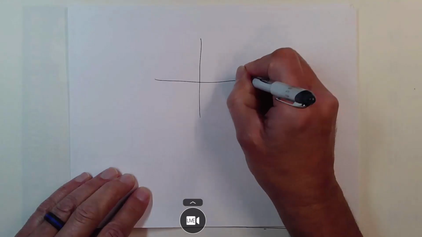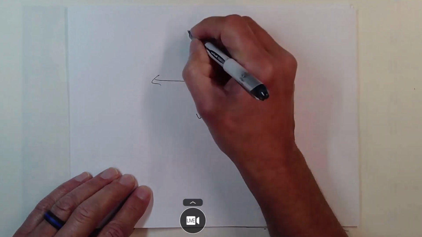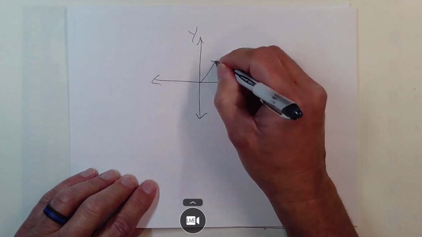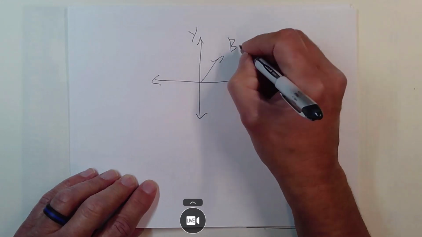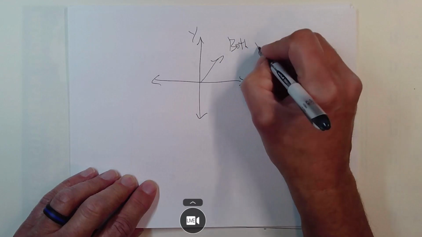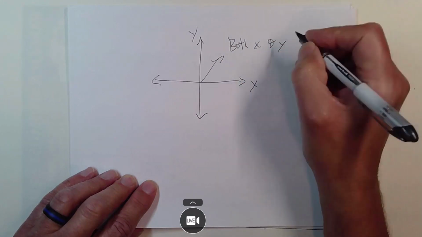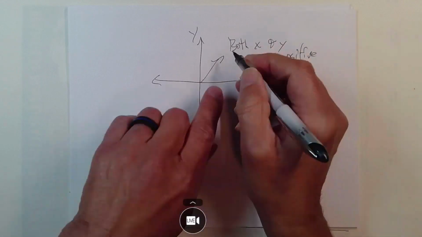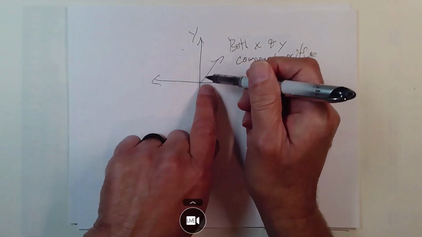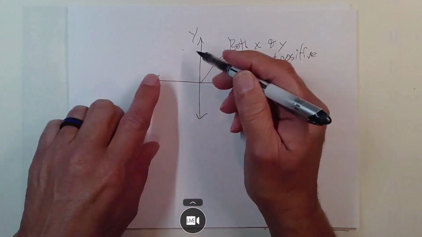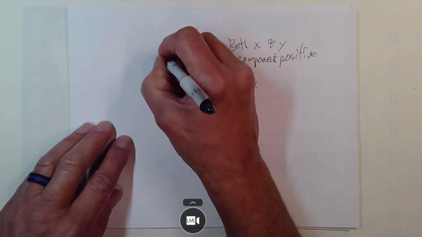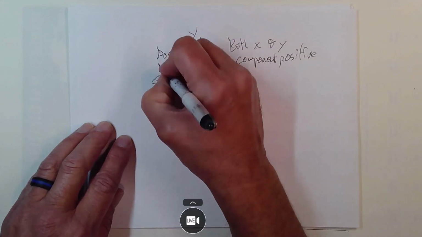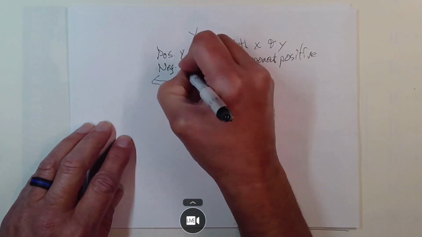like that. If we make an XY plot here, vectors that are in this first quadrant have both X and Y components positive. Vectors in this quadrant, they'll have a positive Y component but a negative X component. So I'll just say positive y, negative x.